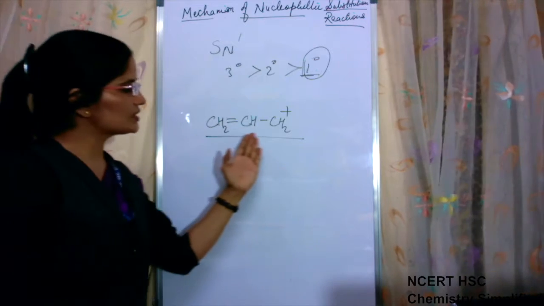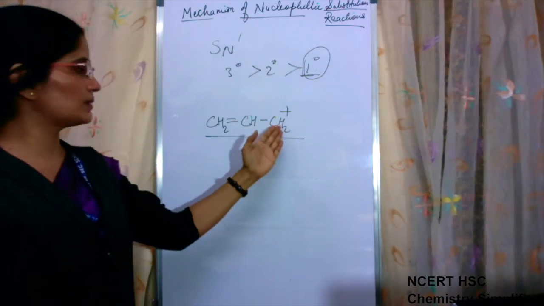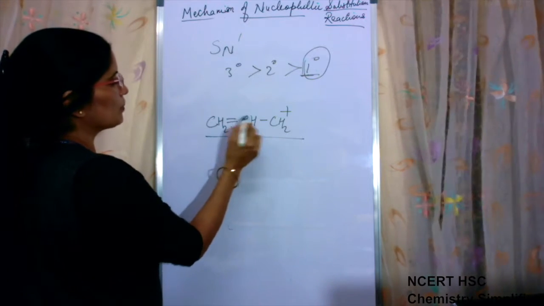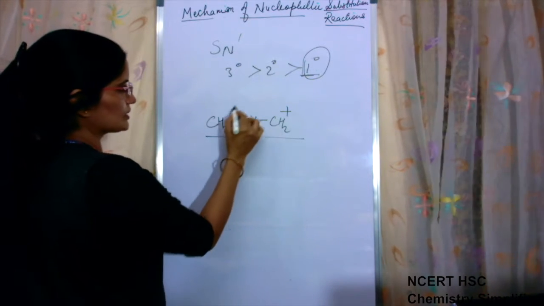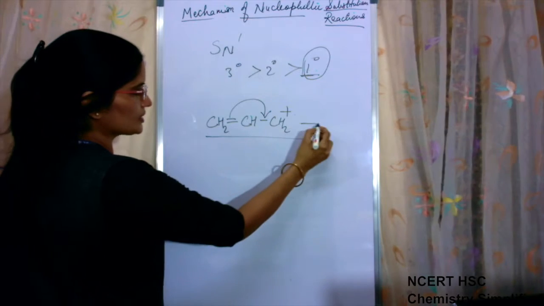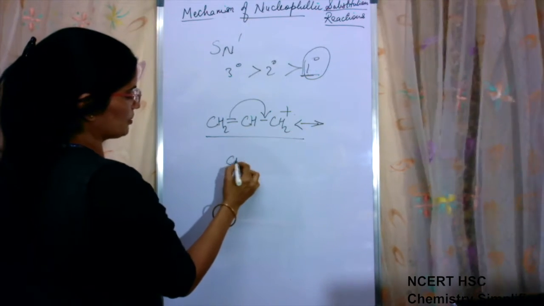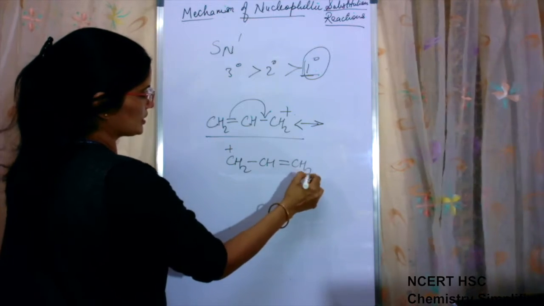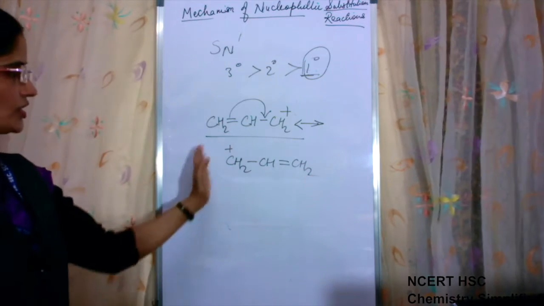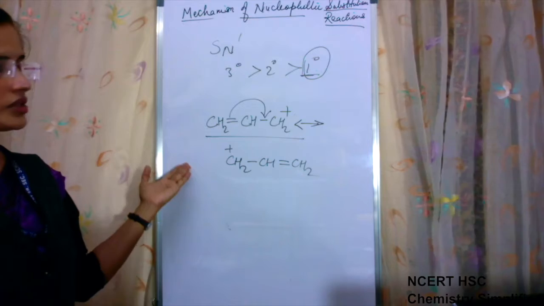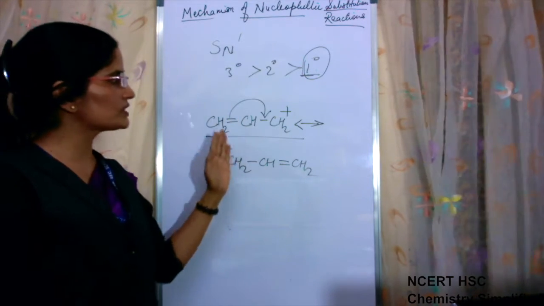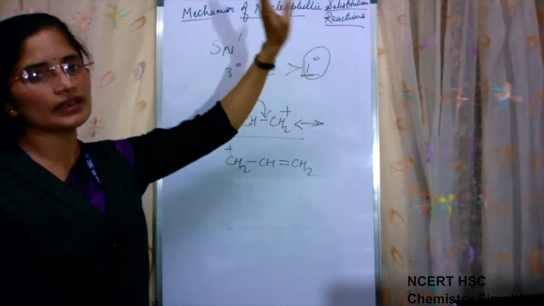Why? Because this structure can be stabilized by conjugation. How? This double bond is here, it has a positive charge, and this double bond will shift here. The next conjugation structure will be CH2 positive, CH double bond, CH2. So whenever structures have resonance structures or conjugation structures, they are always more stable, and more stable means a faster SN1 reaction.